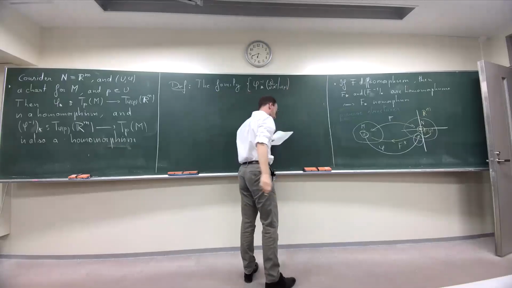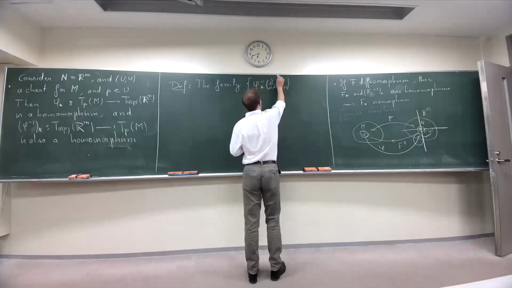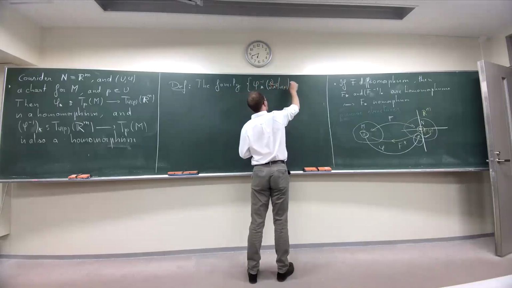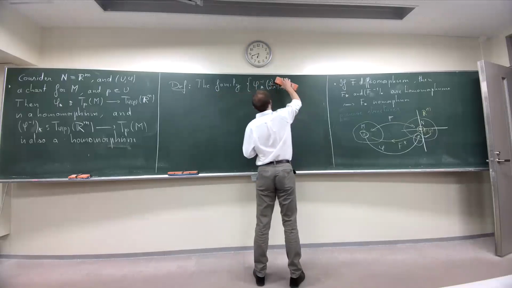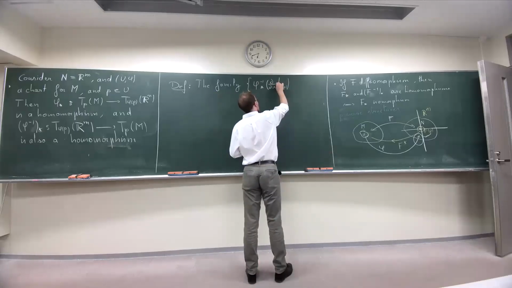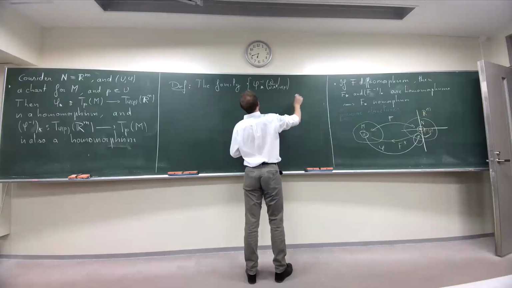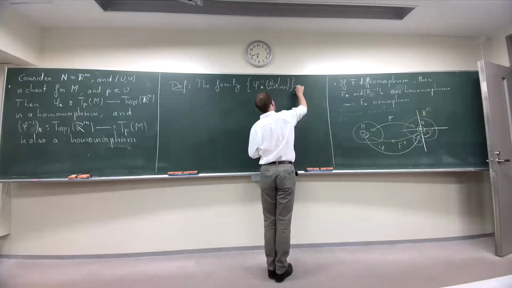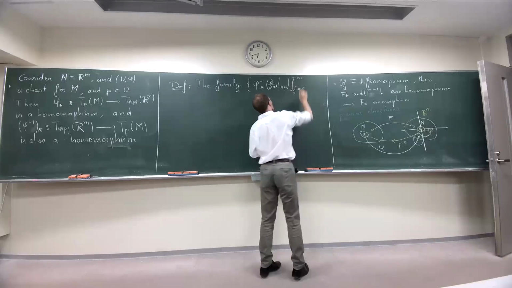Of course, the first time you see this, it's a bit abstract, but then when you really play with this definition, it becomes more concrete. J, it's a J. And I consider this family J from 1 up to m.